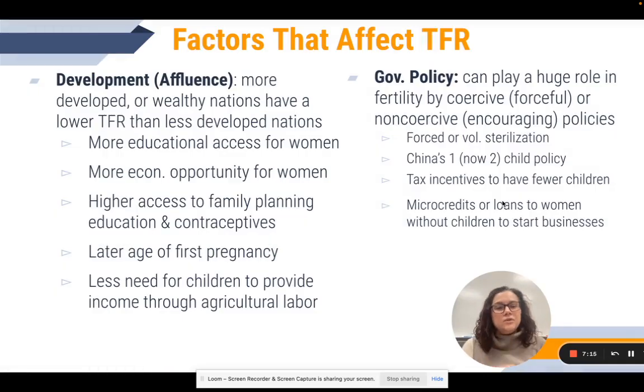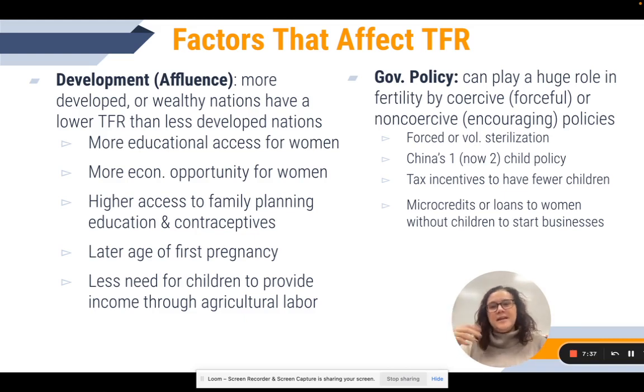All right, so if we're looking at total fertility rate, I just kind of mentioned some of this. Here are some other factors that go into it. One of the factors that's going to influence it is the level of development of the country. So developed and wealthy nations tend to have a lower fertility rate, and that's for a lot of reasons, but most of them have to do with the person that's having the children.